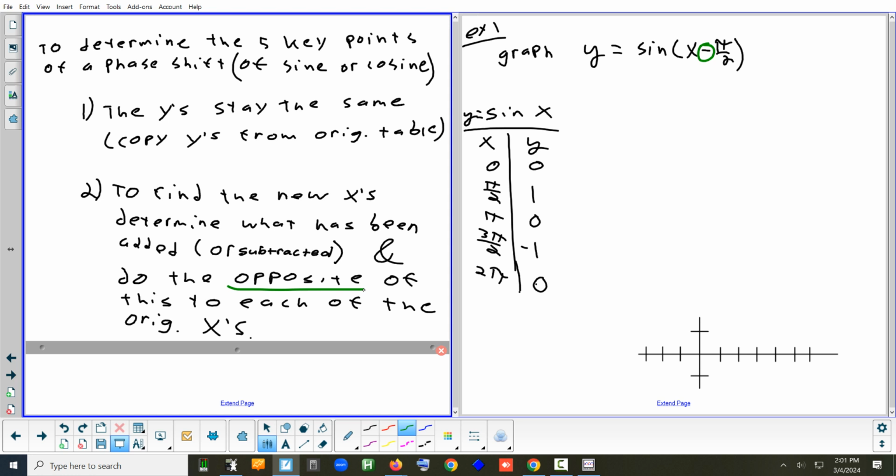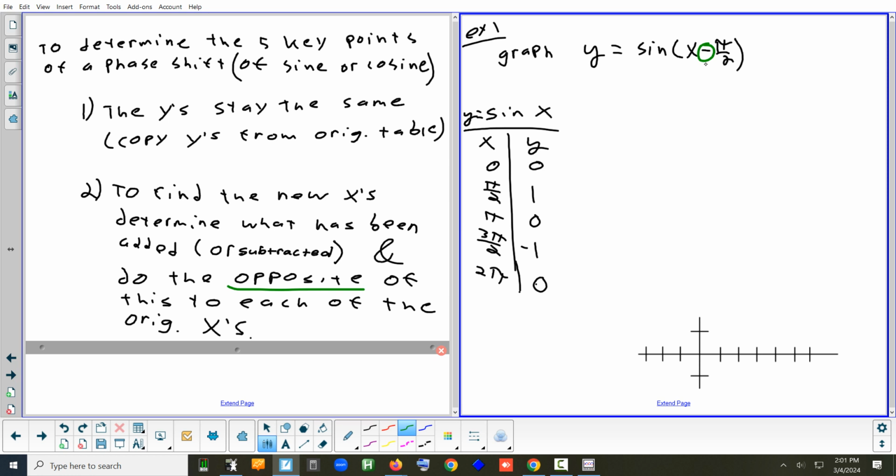The only way that x's are going to get bigger is if you add something to them. And in this case, what would you add? Pi over 2. So you always do the opposite of what's in your parentheses. That's the same thing we've learned all year. Horizontal transformations have always been the opposite.